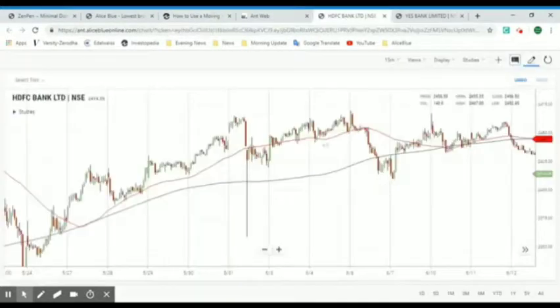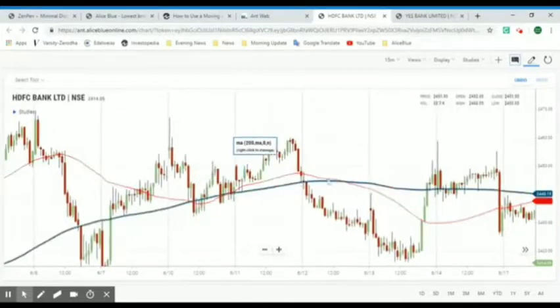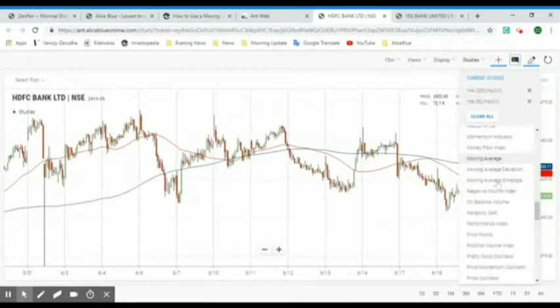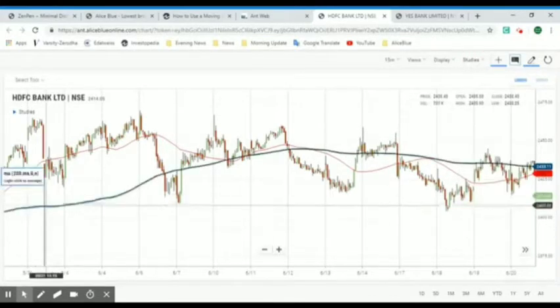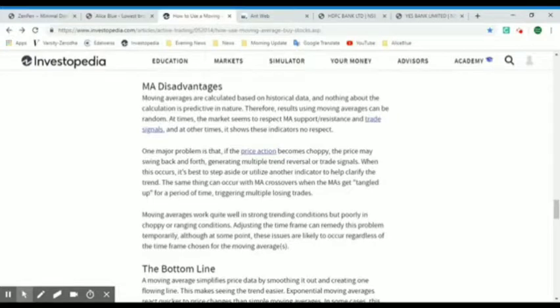So, as we see here, this was the buy strategy and this was the selling strategy, but the price was very low here and this would have led to a specific loss. So when it looks like that, you can use another indicator on top of this, using these studies, something to help support and make you understand the trend a lot better, to give you better signals or clarify the trend.